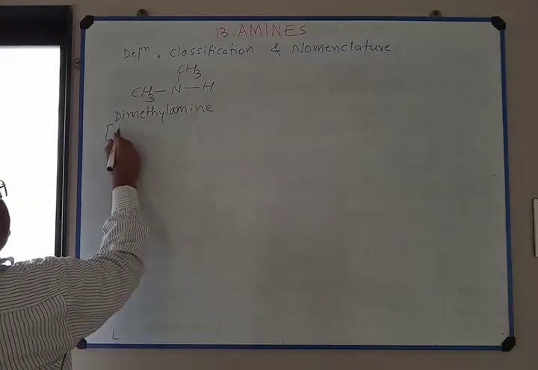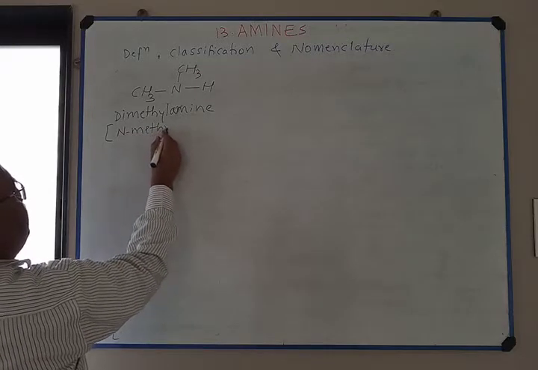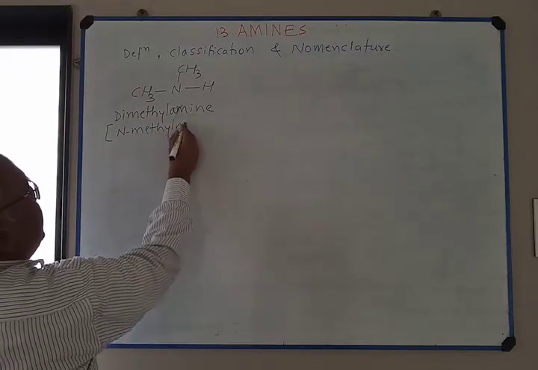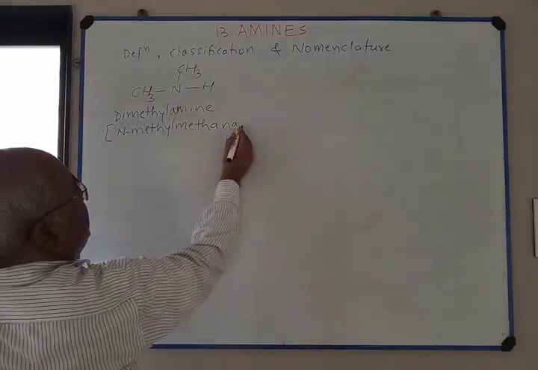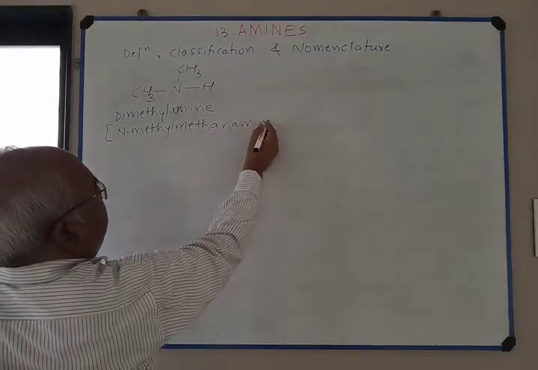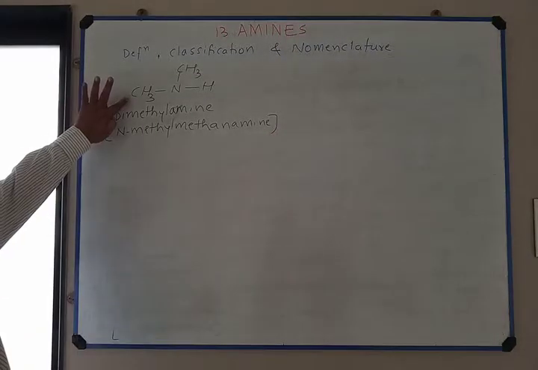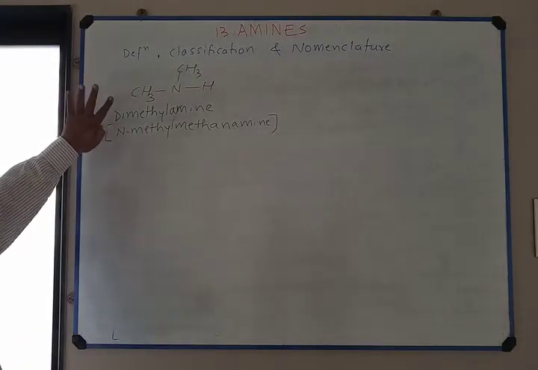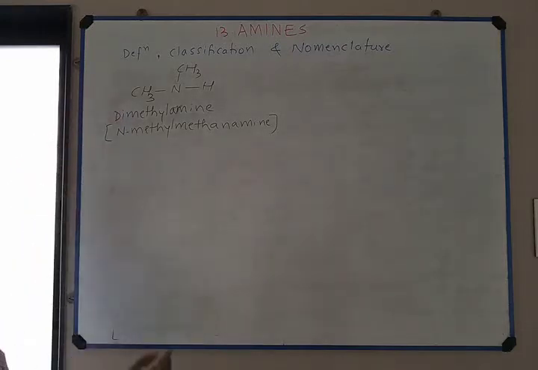Therefore, I write N-methylmethanamine. It is derivative of methane, methanamine. Smaller alkyl group is considered as substituent, larger alkyl group is considered as alkane.